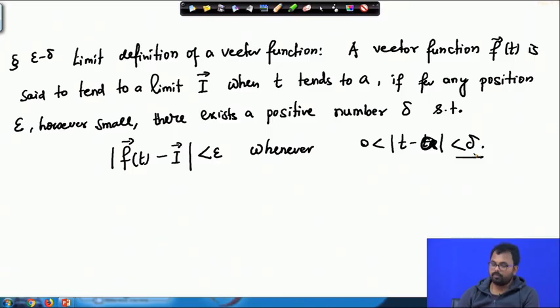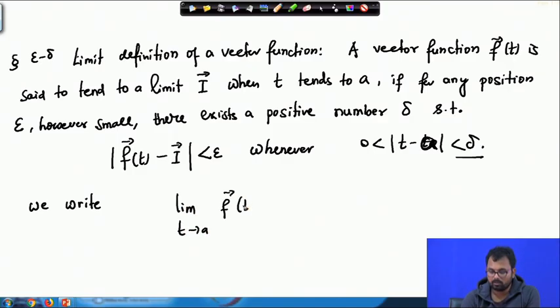And if this is true, then in that case we write simply limit t goes to a of f(t) equals l. So, it is not L, basically it is l.